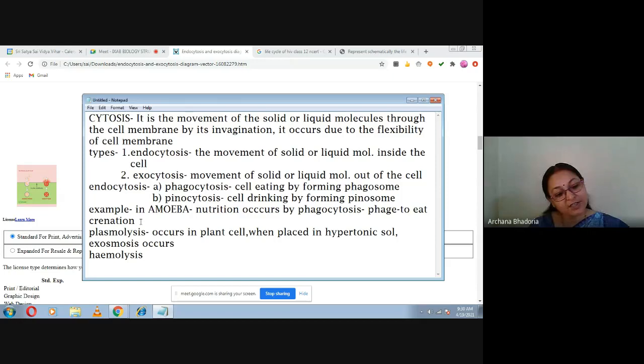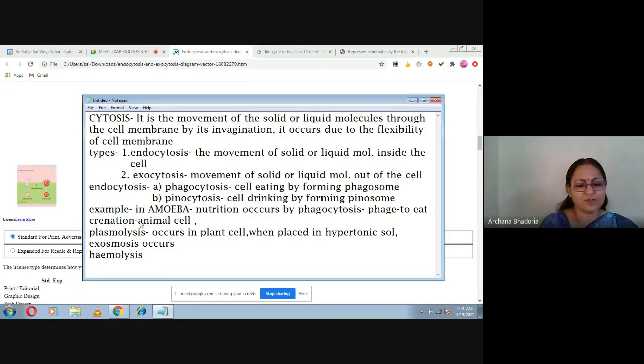What is crenation, children? The word crenation comes from star-shaped. So when the animal cell loses water, I'm writing animal cell loses water, meaning water moves out.